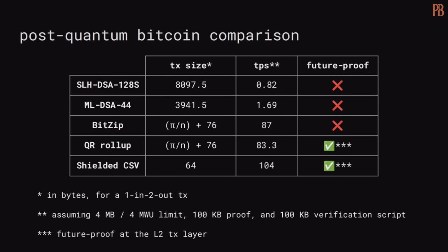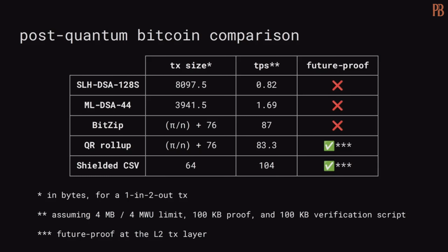So we consider that to be not future proof because we have to go through a consensus change again, whereas with these other techniques like rollups or shielded CSV, at least at the transaction layer, we have some level of future proofing because we can change the post-quantum cryptographic scheme that is being used without having to do any consensus changes. So it is future proof to a degree that the other post-quantum techniques are not.